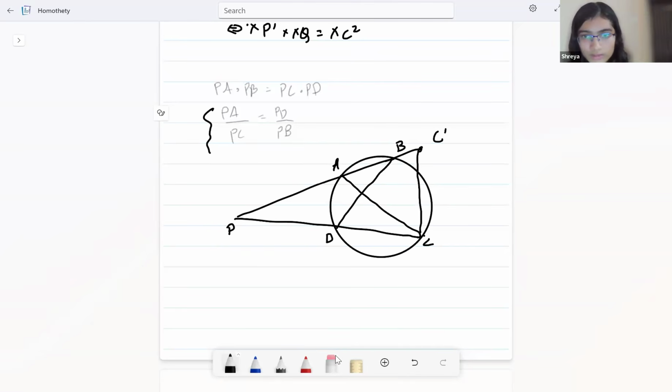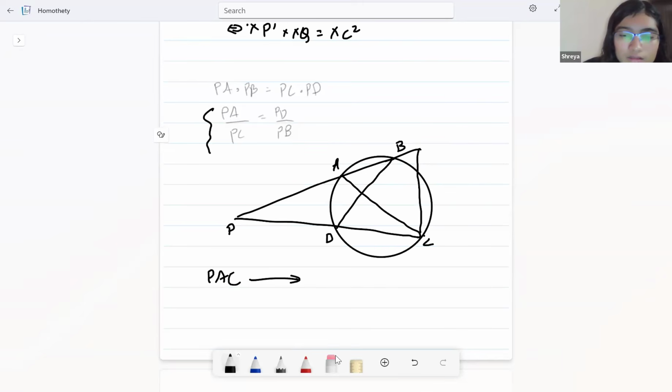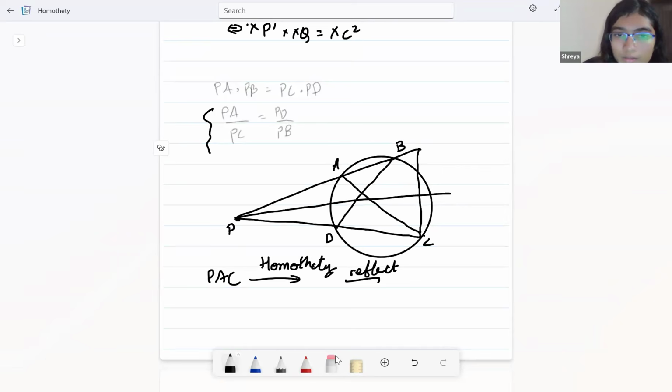In particular, you can take PAC, first do a homothety of some ratio, and then reflect about the angle bisector. The idea is that you want to swap these two lines, so reflect about the angle bisector of angle APD.